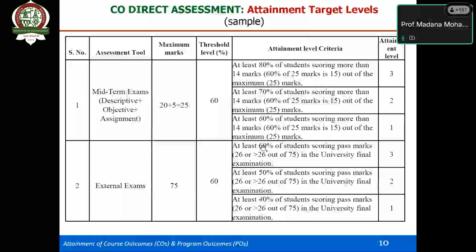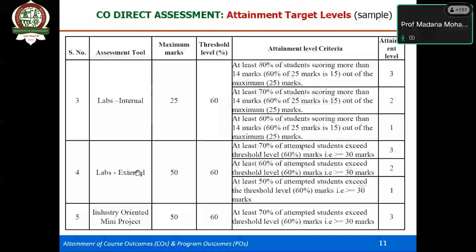So here 60% is the highest level, then 50% is the next level, 40% is the minimum pass criteria, so level 1. Like that, for every component in our curriculum, we have to set the threshold value followed by the attainment level. So this is one theory subject, internal evaluation, external evaluation. Similarly for lab, internal and external.